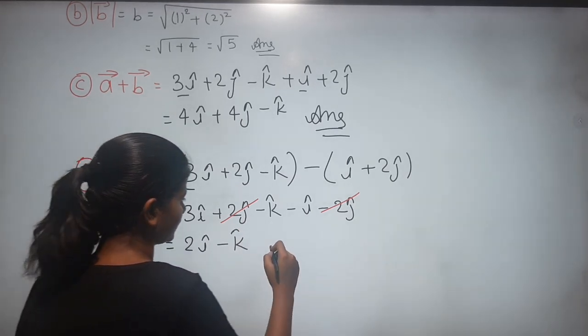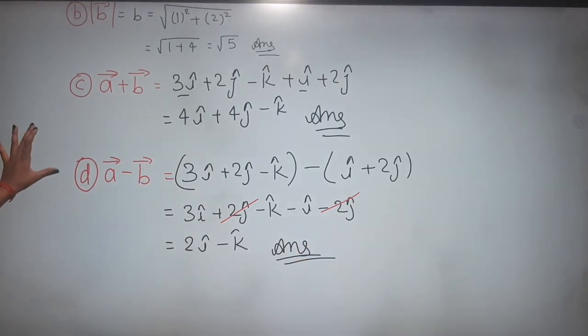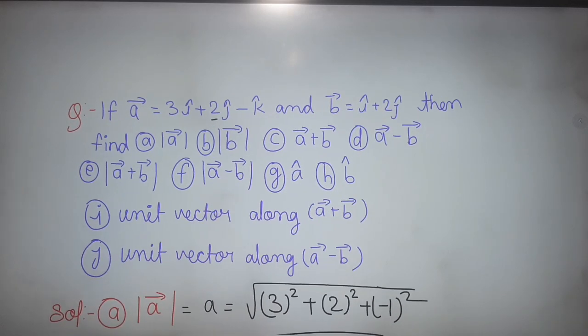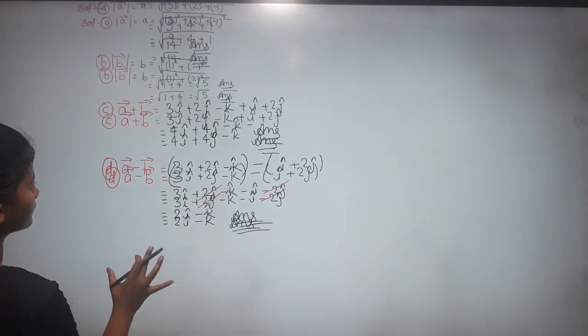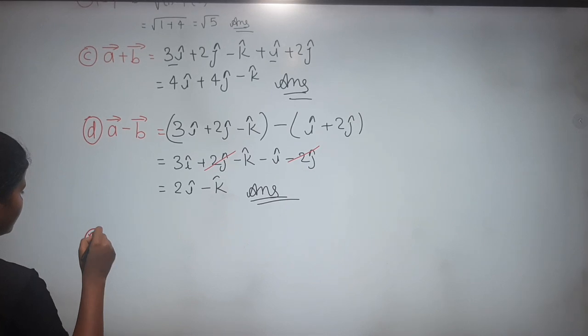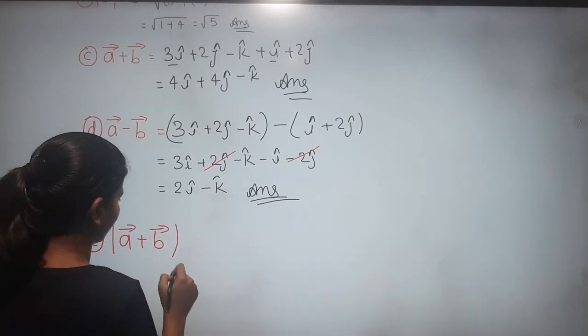This one is our answer. Now we have to find the magnitude of A vector plus B vector.